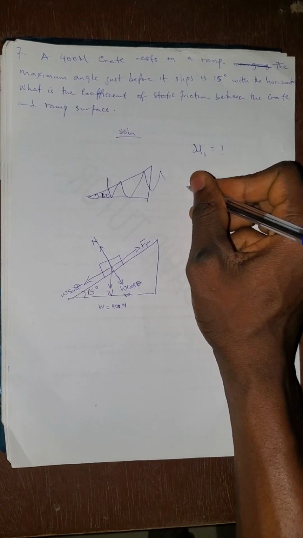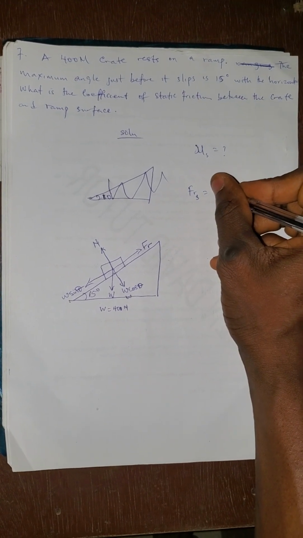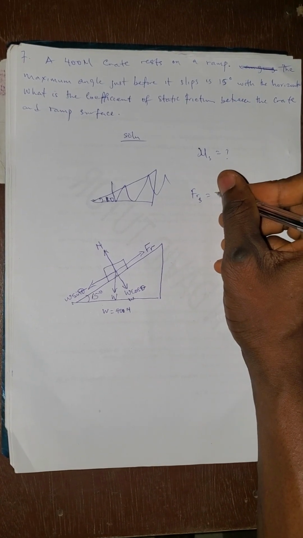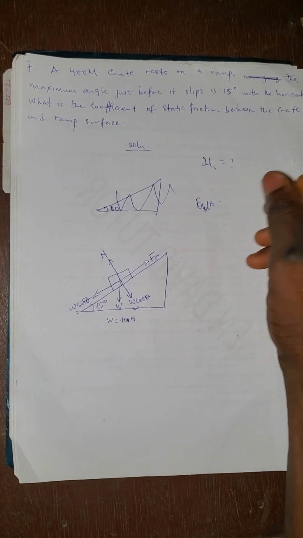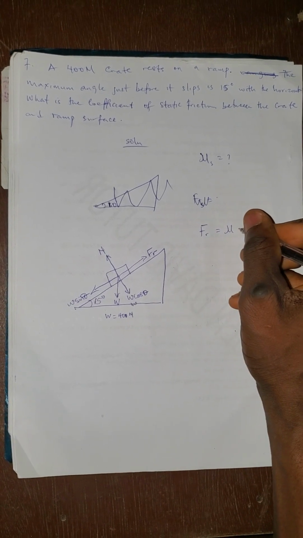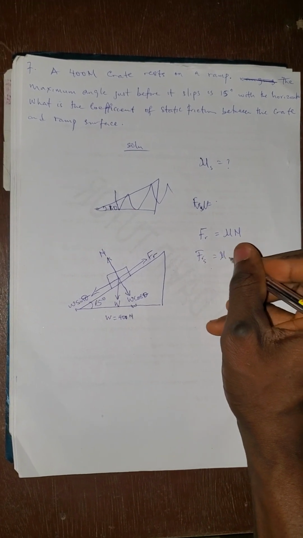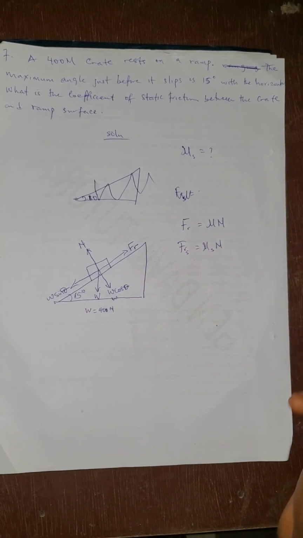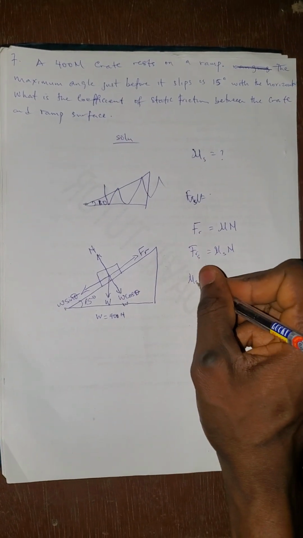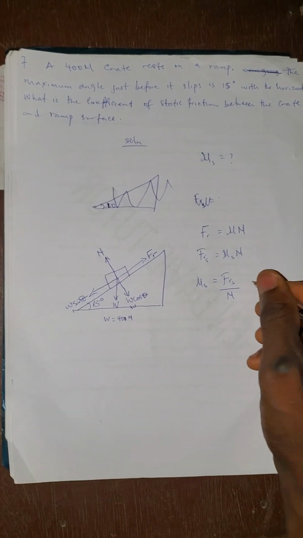Don't forget, the frictional force of the static is equal to, let me use the formula that says Fr is equal to the coefficient multiplied by the normal reaction. So the frictional force of the static will now be the coefficient of the static multiplied by the normal reaction. Now the coefficient of the static will now be the frictional force of the static over the normal reaction.